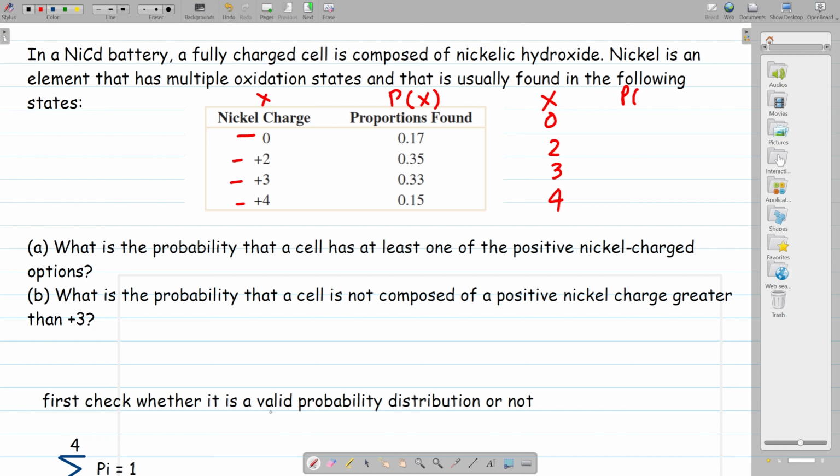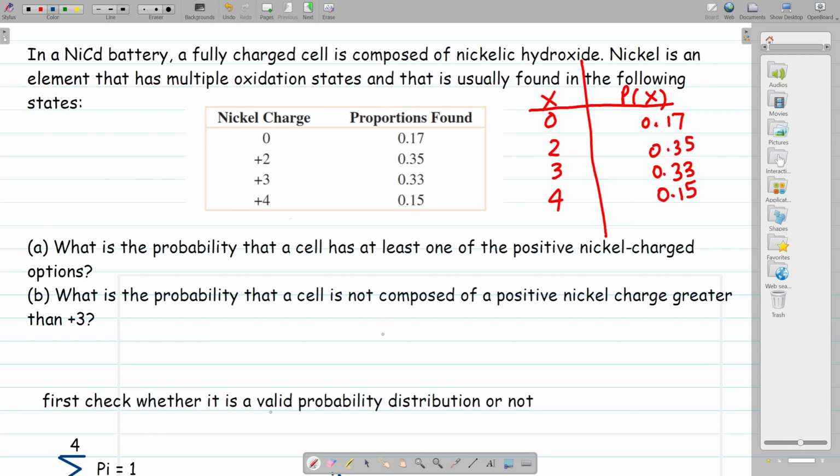So you can just write down the probability values like this: 0.17, 0.35, 0.33, 0.15. Yes, now you see the discrete probability distribution. We just substitute the x and p(x) values into this table, then we get our discrete probability distribution.